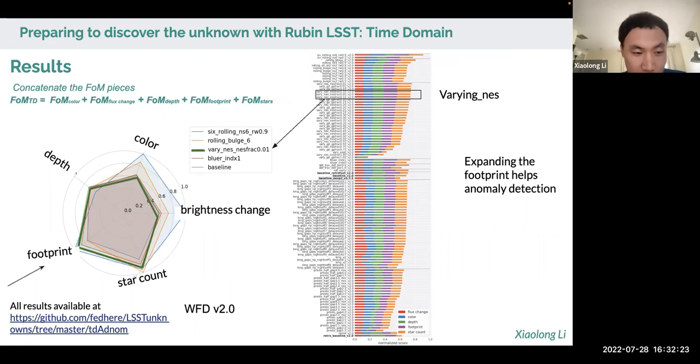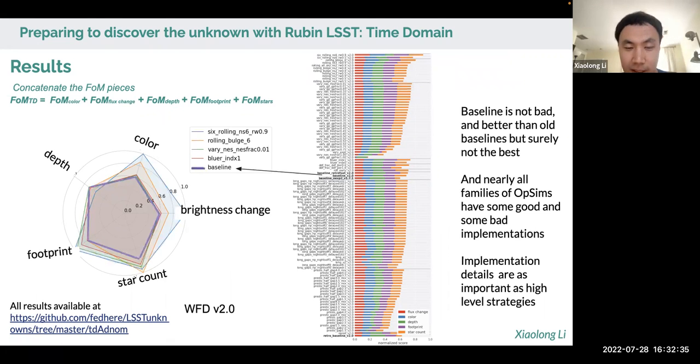And the NES1 increases the footprint to the northern hemisphere, therefore it also ranked higher. And the baseline 2.0 is not bad, and it is much better than old baselines.